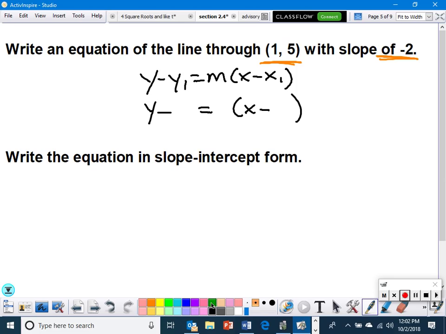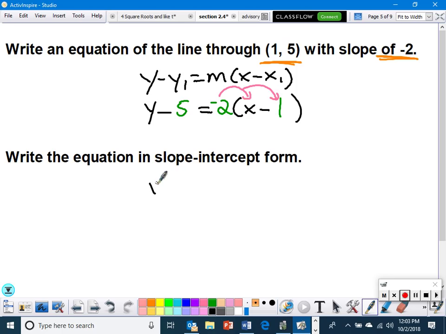All right, so I'm going to replace the y1 with 5. The slope is going to get replaced with negative 2. And the x value that I use is 1. Okay, I'm going to simplify this, write the equation in slope-intercept form. So I'm going to first distribute.